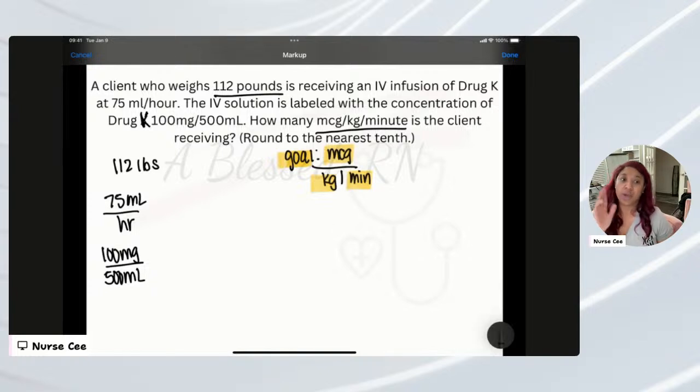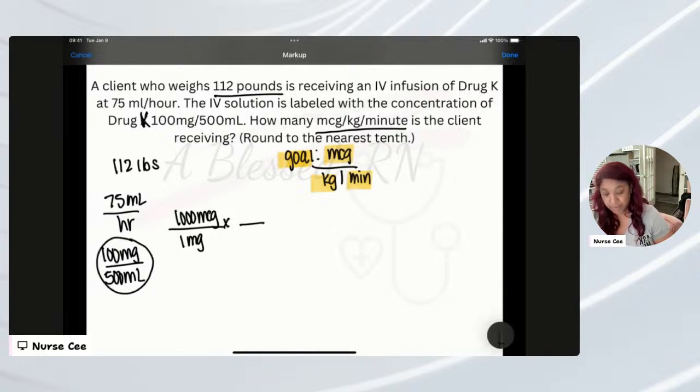So with knowing your conversions, you can automatically say, oh, I don't have micrograms, but I do know that 1,000 micrograms equals 1 milligram. Boom. Now that I got milligram at the bottom, I can put this puzzle piece with my milligrams at the top so that it'll cancel out. So 100 milligrams over 500 ml. So milligrams crosses out. So boom, first goal is obtained.